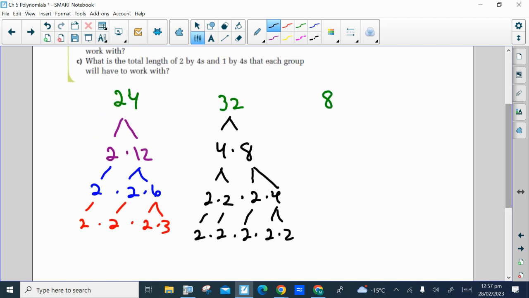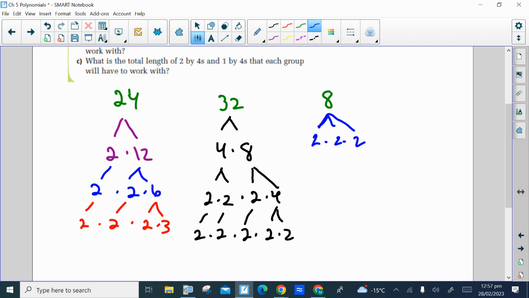And then for 8, some of you may already know that 8 can be found by multiplying 2 by itself 3 times. 2 times 2 times 2 is 8. You could go 2 times 4, and then the 4 breaks down to 2 times 2.